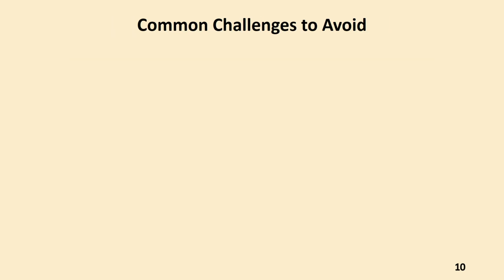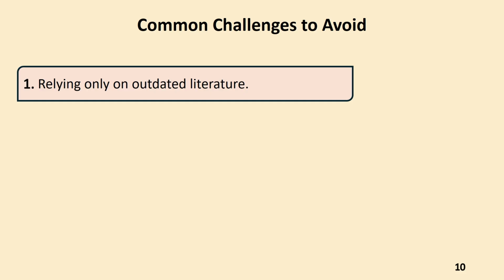There are some common challenges to avoid. First is relying only on outdated literature. Here we come to the point of discussion: what is outdated literature? Learners, literature is always worthy and important for you, but at some point you have to understand that some literature is not useful for you in the present context.